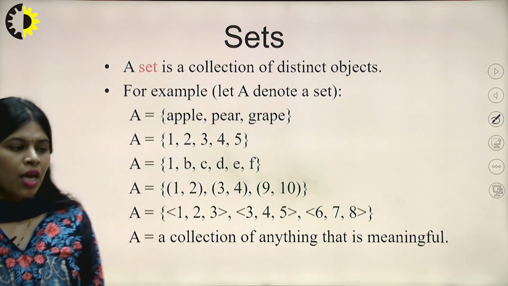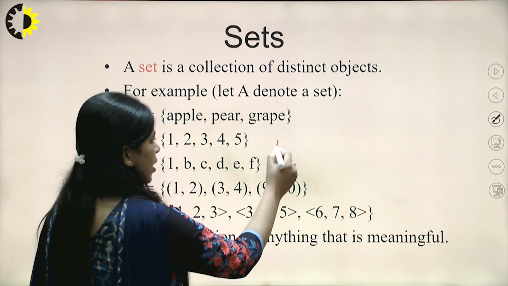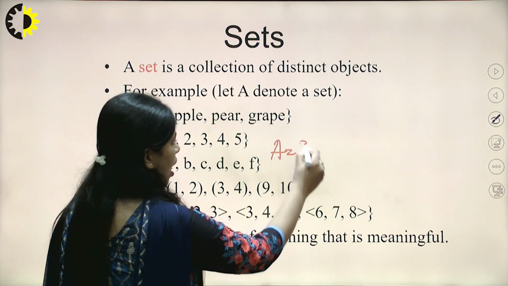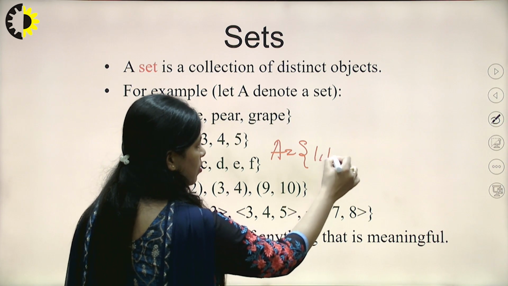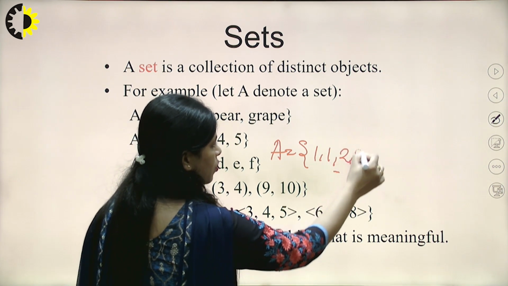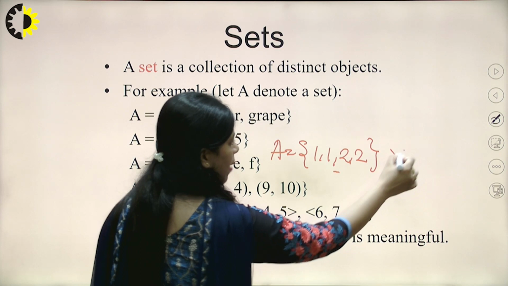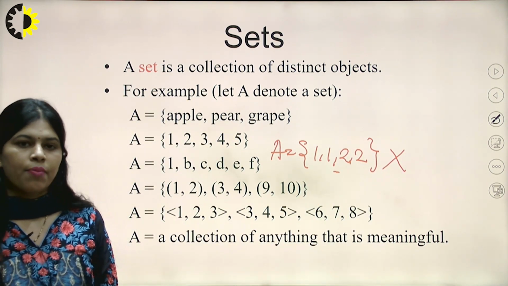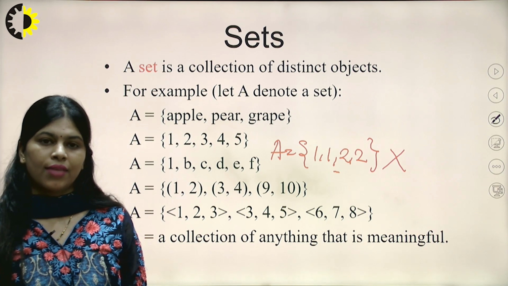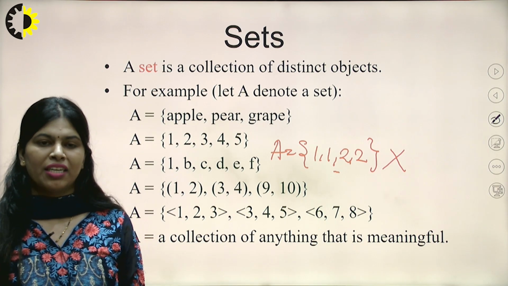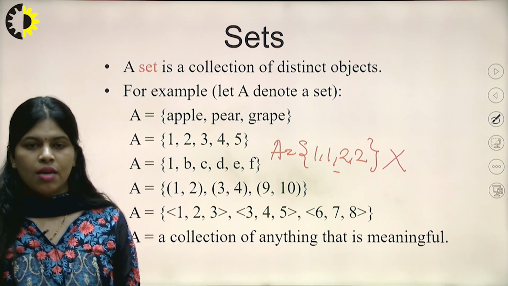Second, it should be distinct. Distinct means if I take a set A with the value 1, 2, 2, it is not applicable as a set. Why? Because distinct objects means the set should carry only different elements.